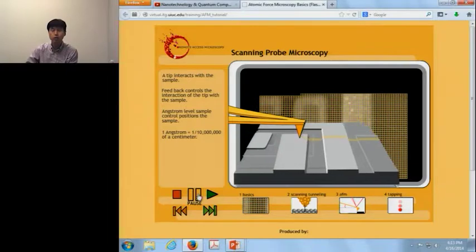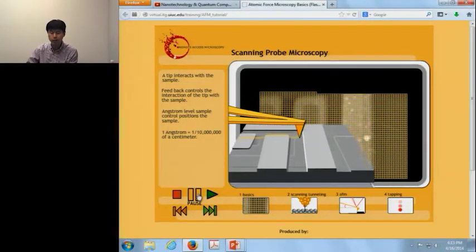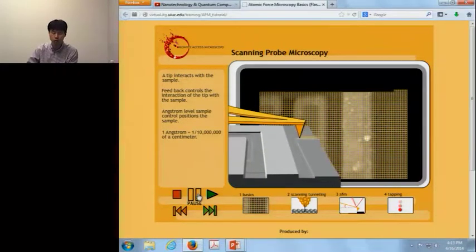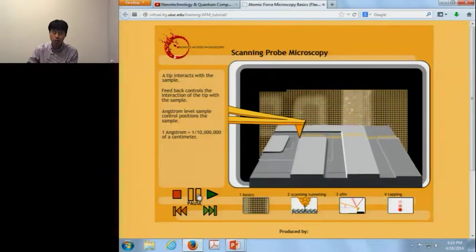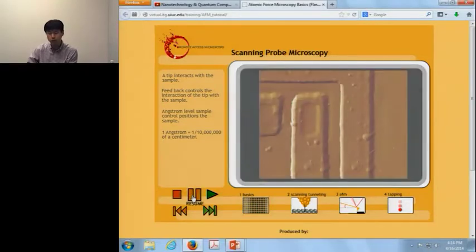So as we continue this kind of sample scanning in X and Y, the stage also moves in the Z direction. As we just raster the sample, we can make the final images something like the one shown in the picture.